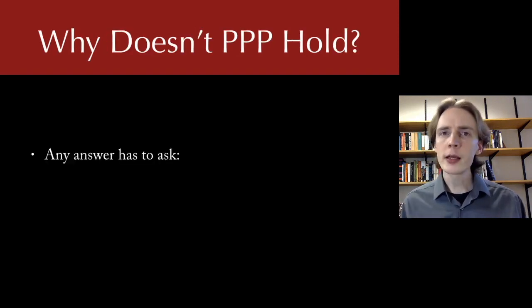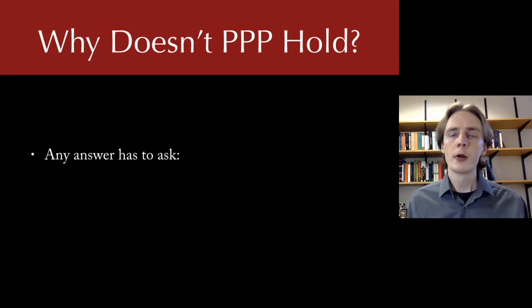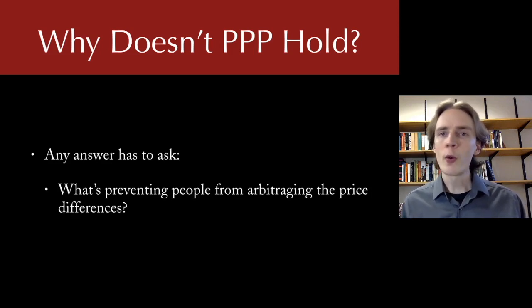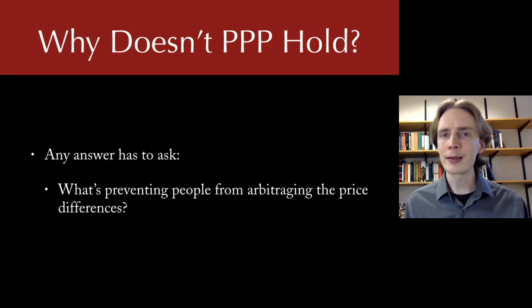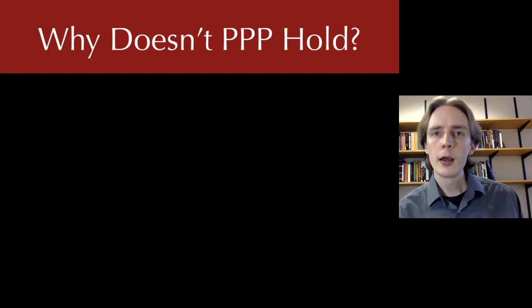And any answer we give to this question, just like the answer to the question why price differentials between cars don't go away between New York and Texas, we have to answer, what is it that's preventing people from arbitraging that price difference? We can't just assume that there's an opportunity here that nobody's taking advantage of. We're going to have to actually figure out what is it that's preventing people from taking advantage of these price differentials. And you can imagine a few different kinds of answers.